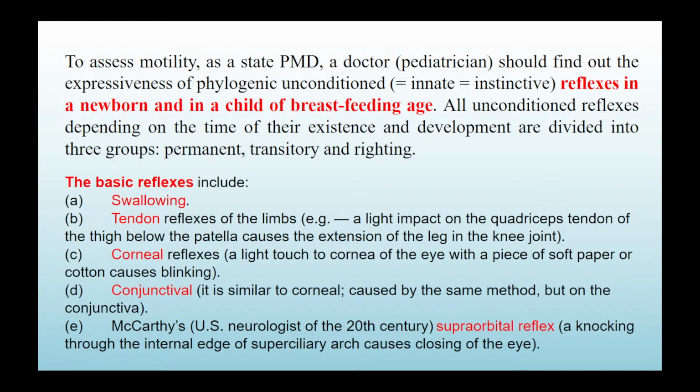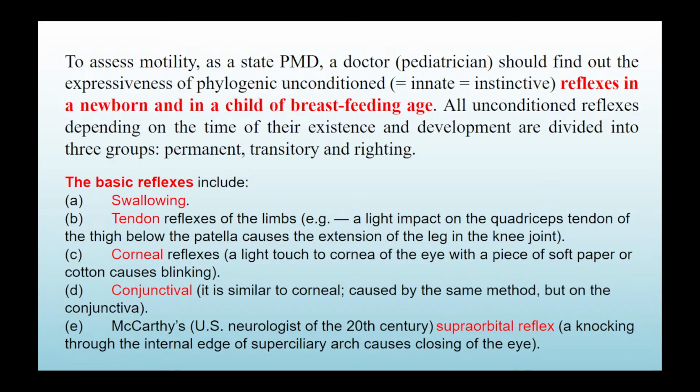All unconditional reflexes, depending on the time of their existence and development, are divided into three groups: permanent, transitory, and threatened. The basic reflexes are swallowing, tendon, corneal, conjunctival, and supraorbital reflex.